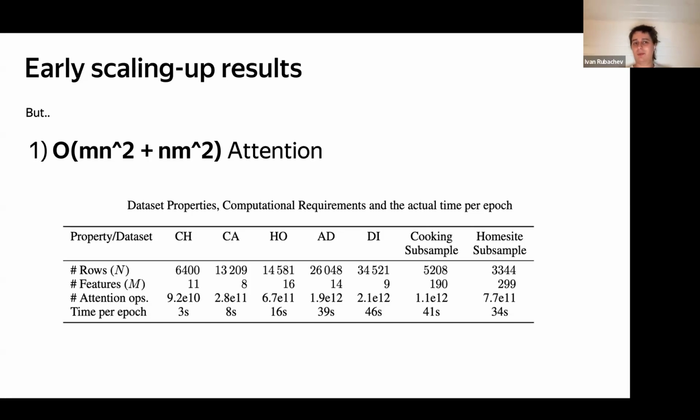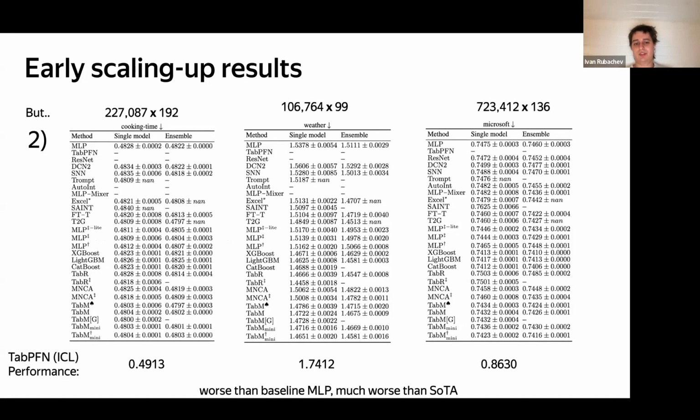The other problem was the actual performance. It was not good, not even competitive with the MLP baseline, which uses all the samples from the dataset to train on. This is actually an unfair comparison to TabPFN because it was trained on datasets with up to 1,000 samples, random datasets.